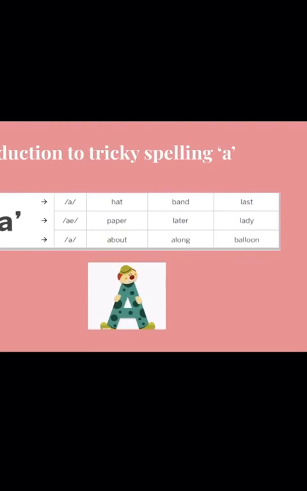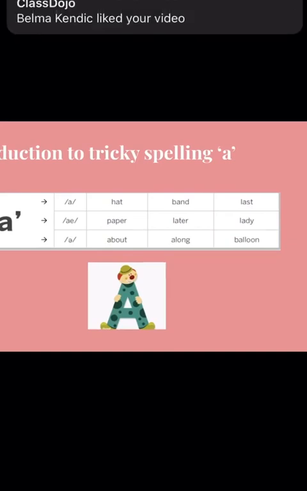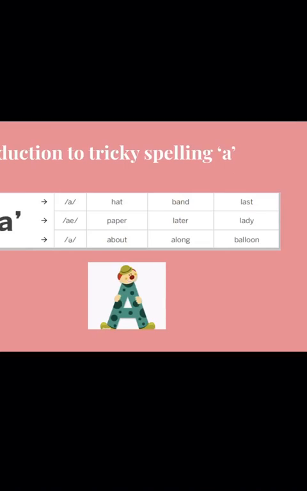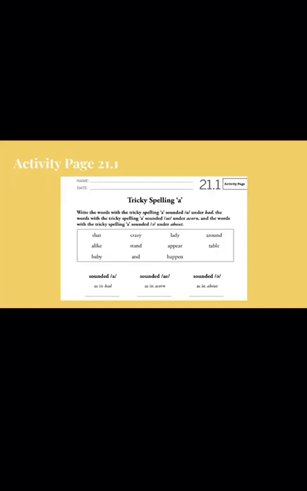It's actually saying its name in the three words paper, later, and lady. In our last row, we have tricky spelling A making the sound. It's being super lazy, making that schwa sound, in about, along, and balloon. Okay, great. Let's go ahead and go on to our next slide.